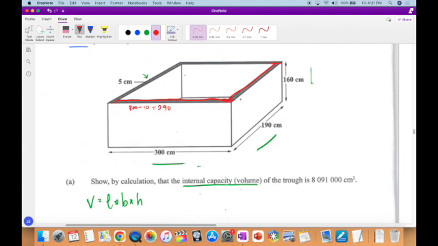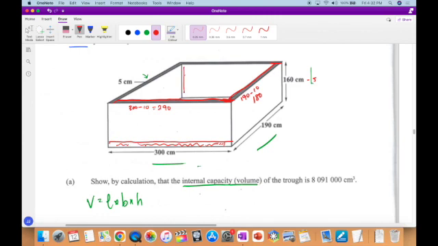So that'll be 190 minus 10, which will give me 180, right? And then, well, from the height, remember that the bottom here will be lined as well. So if the bottom is lined with a 5 centimeter thickness, I'll need to remove 5 from the height, 160 minus 5.